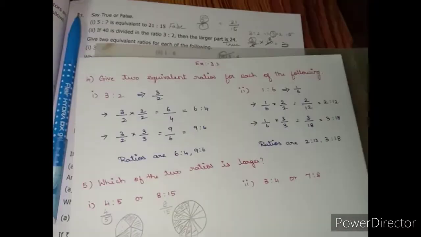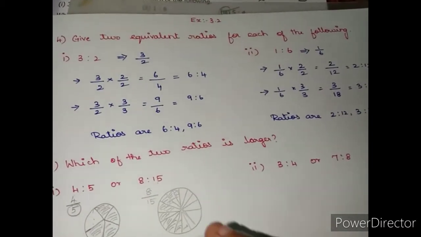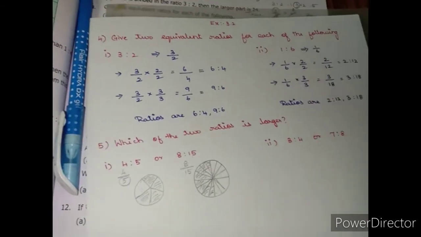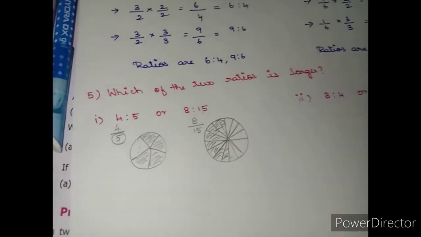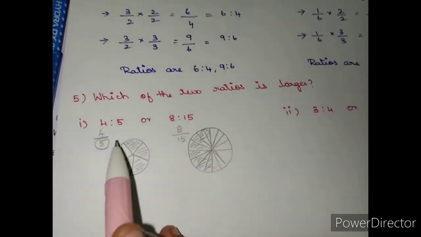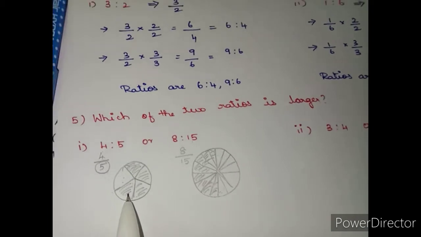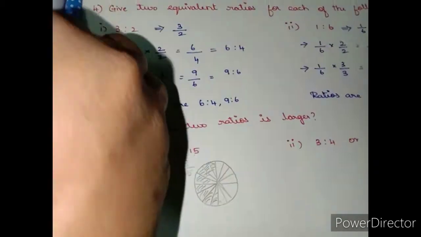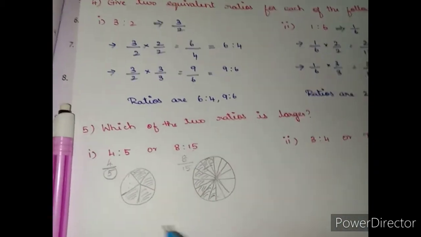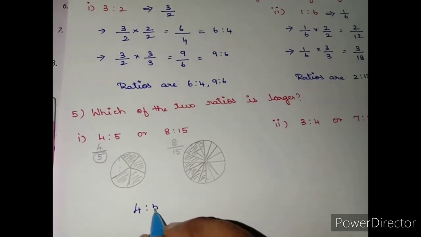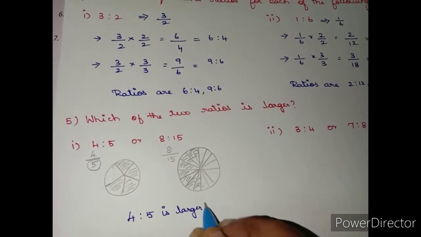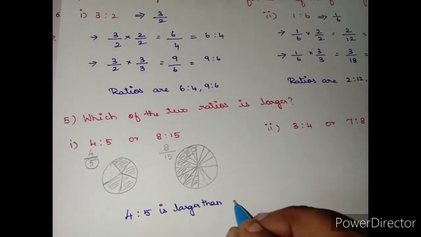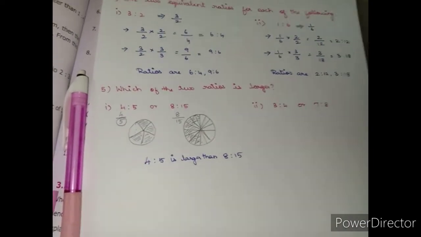I have shaded 8 parts. So which circle is shaded more? This one, 4 is to 5. So this is greater. So what is the answer here? 4 is to 5 is larger than 8 is to 15. Yes, do you understand this?